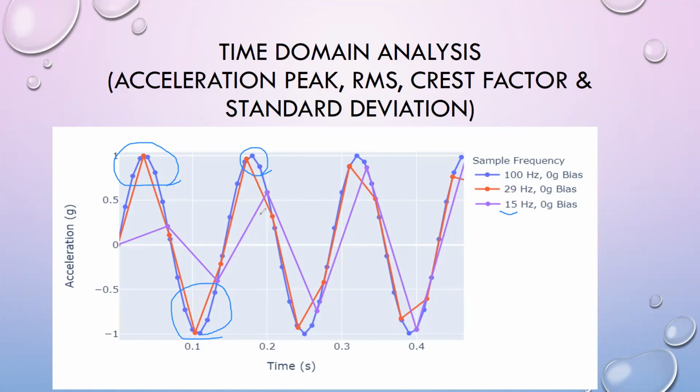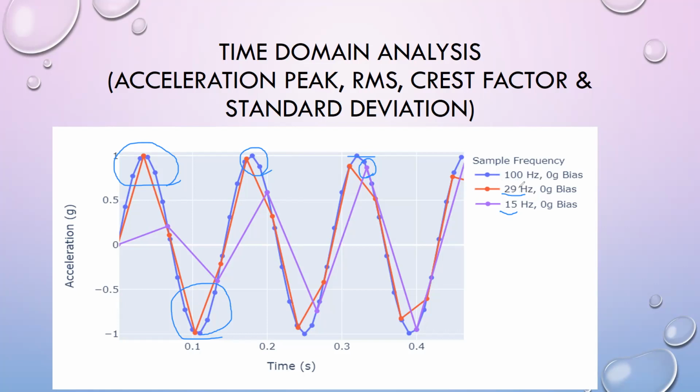Here, if you look after 0.2 seconds, we can reach the peak point. I mean, we almost achieved the maximum value of the result, but still we missed some data. So it's very important to find an optimum sample frequency. For example, here you can see that 29 hertz is almost good.